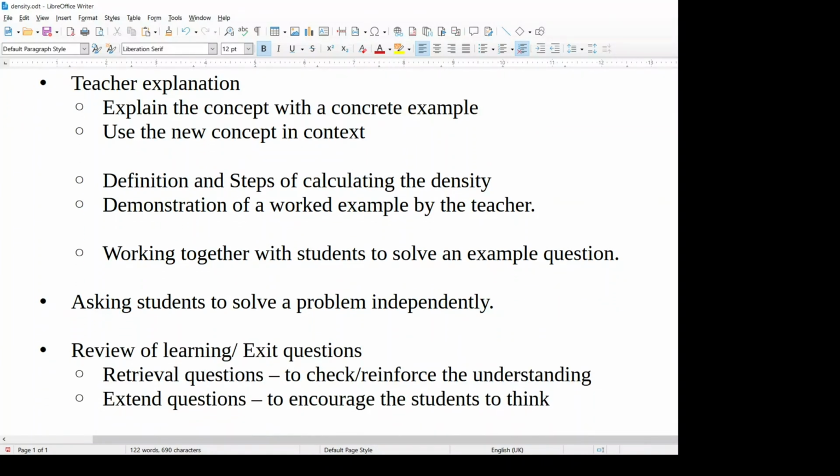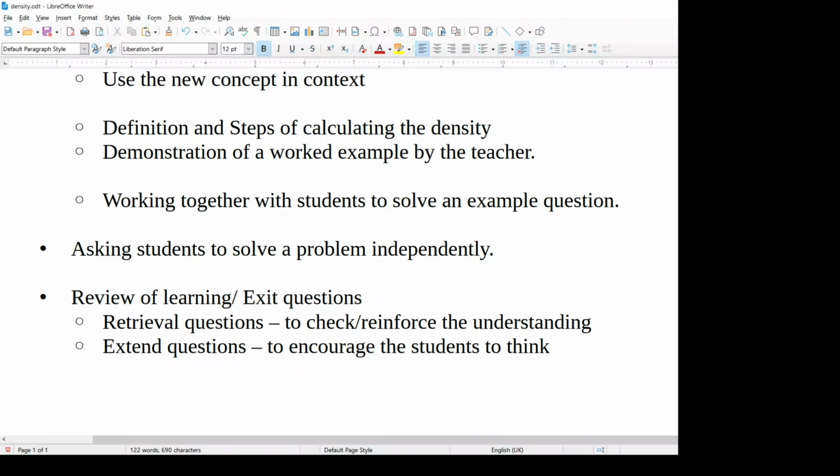In the end, we will ask some questions. There are two purposes for these questions. First, we will ask the so-called retrieval questions just to check the knowledge of students, and then we will ask extend questions. These are questions that encourage the students to think beyond what is taught in the lesson.